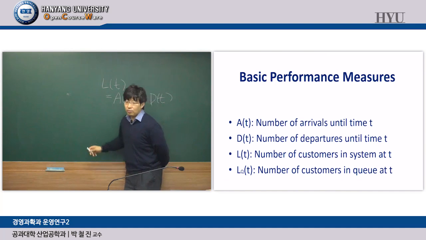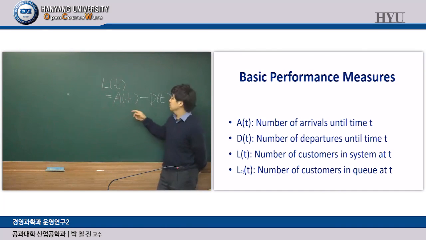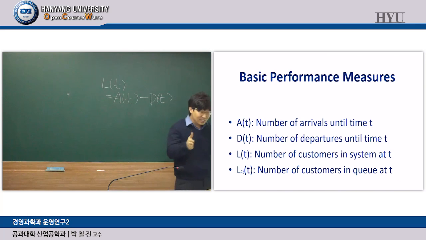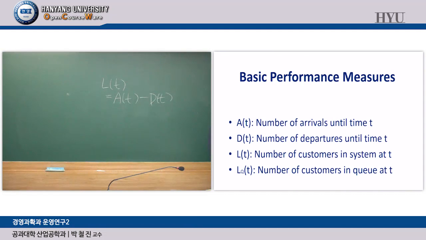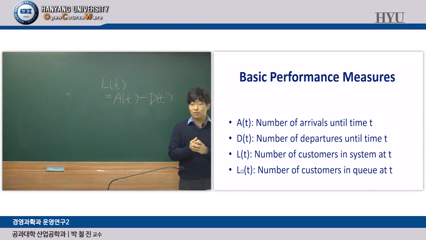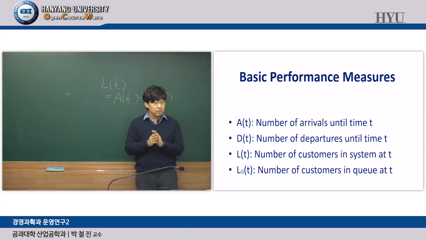We don't know what happened with such customers, but they are in the system. Someone needs to wait, someone is getting his or her service, right? We don't know, but this amount of customers should be in the system.